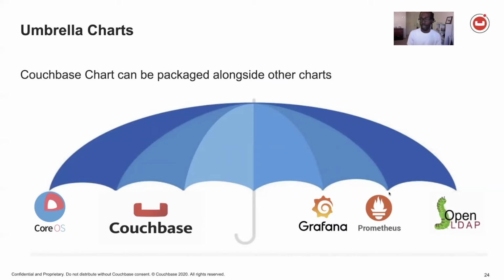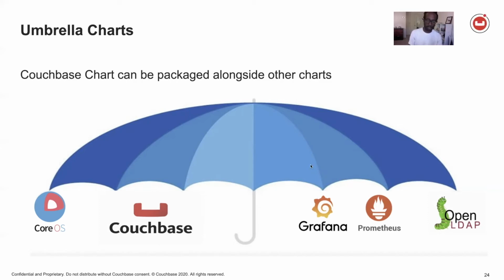Grafana and Prometheus, so I'll get into that specifically, but this is just a one-stop deployment of a fully monitored installation with Prometheus exposing metrics, and Grafana giving you a nice graphical interface of that.